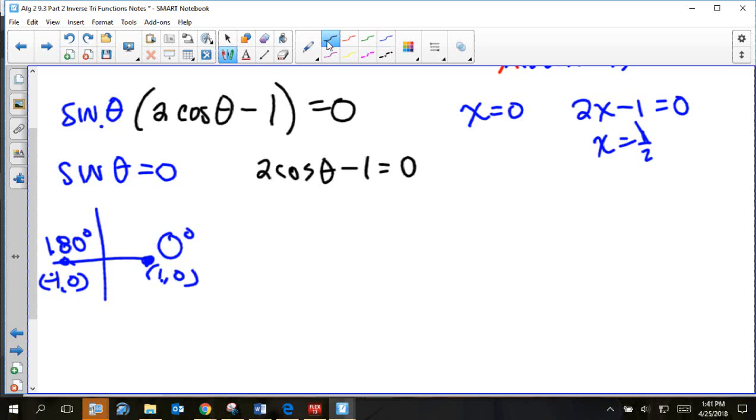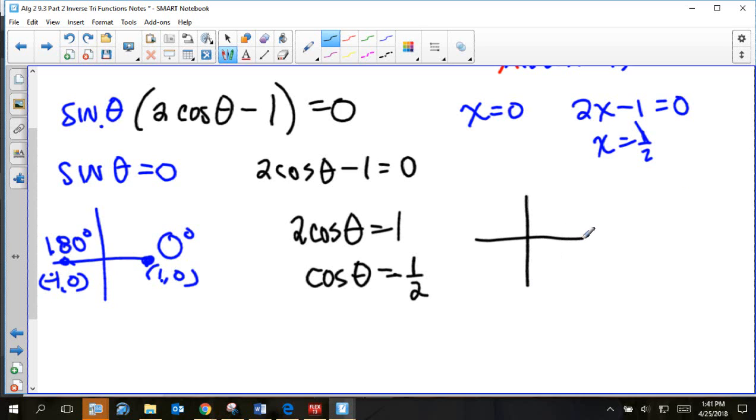We'll go to the black one, and we'll have 2 cosine theta equals 1, divided by 2. Cosine theta equals a half. So now I have to think, where is cosine theta equal to a half? So I'm going to draw my picture. Where is cosine positive?